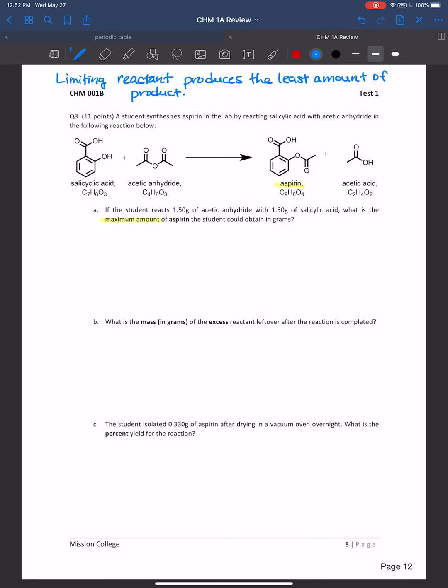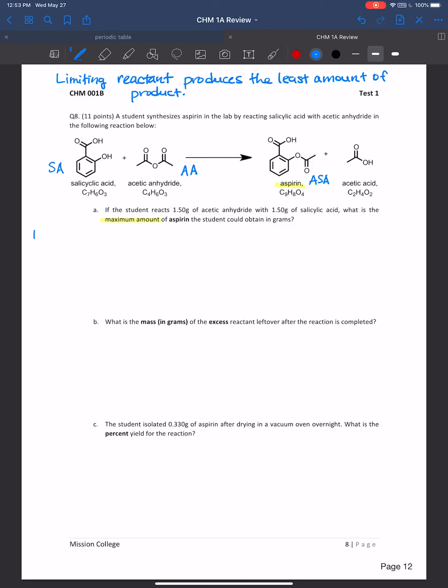So in order for you to determine which one is your limiting reactant, you need to set up two separate calculations to figure out how much aspirin each reactant could produce. All right, so I'm going to abbreviate salicylic acid as SA and acetic anhydride as AA and aspirin as ASA, because the name for aspirin is technically acetyl salicylic acid, so ASA.